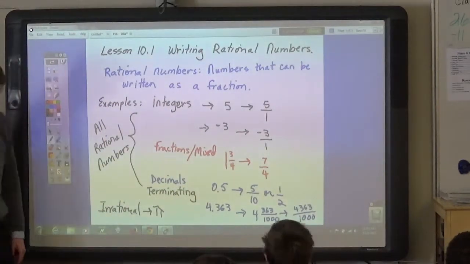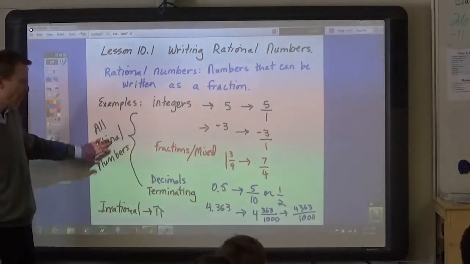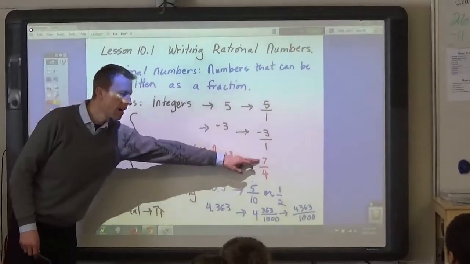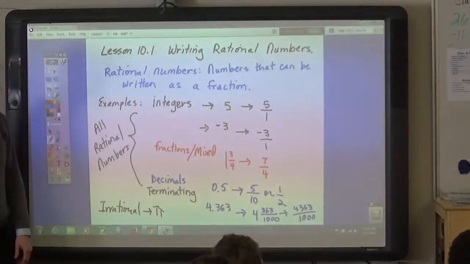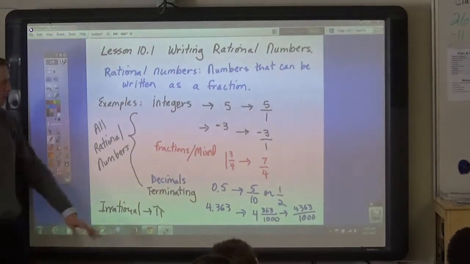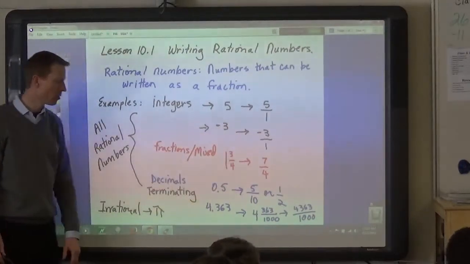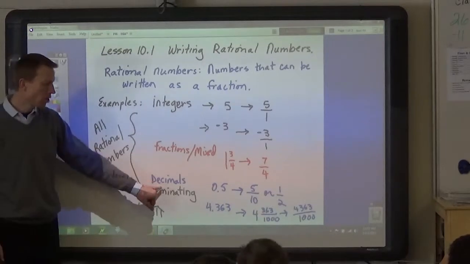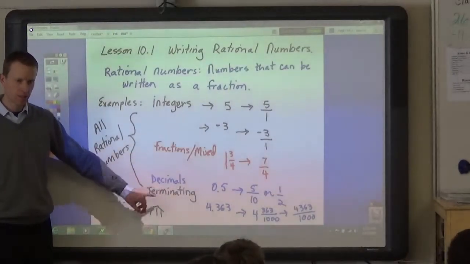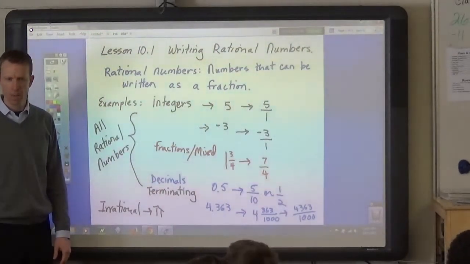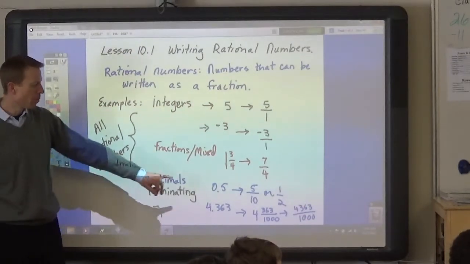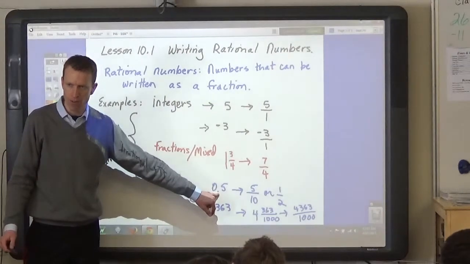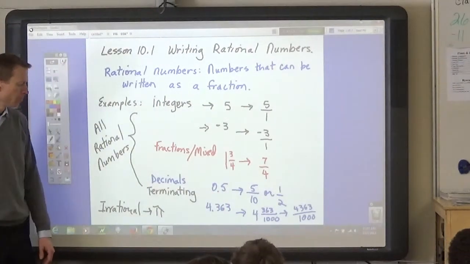Fractions are obviously rational numbers. Even mixed numbers can be written as fractions. 7/4 or 1 3/4. Those are rational numbers. Terminating decimals are rational numbers. So, for example, 5/10 can be written as a fraction, right? 5/10 or 1/2.